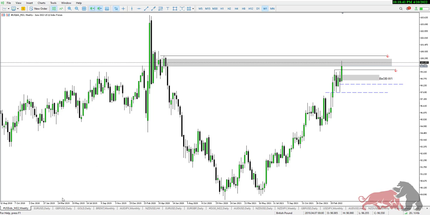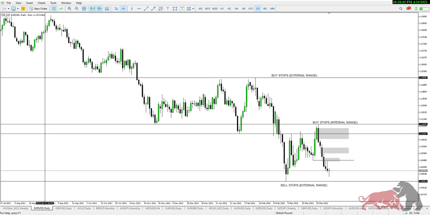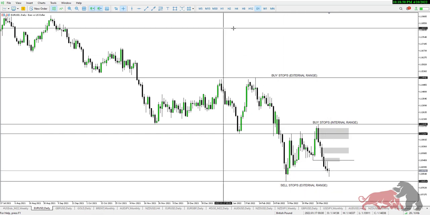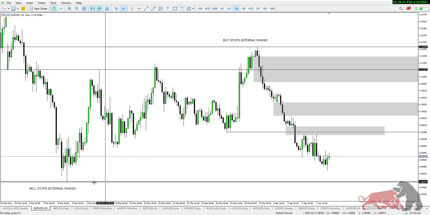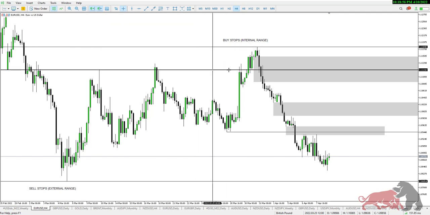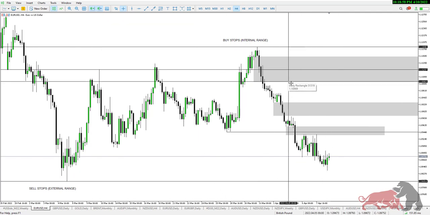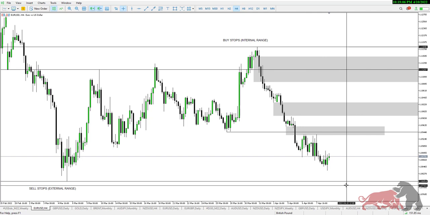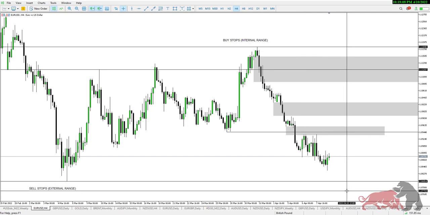But your main focus right now should be on Euro USD. When you go to Euro USD, you can see it is reaccumulating in fair value. If we go to H4, you can see we've got fair value here. The stops will run here and then price push to the upside. So at no point in the coming week should we see Euro USD trade below 1.0805.